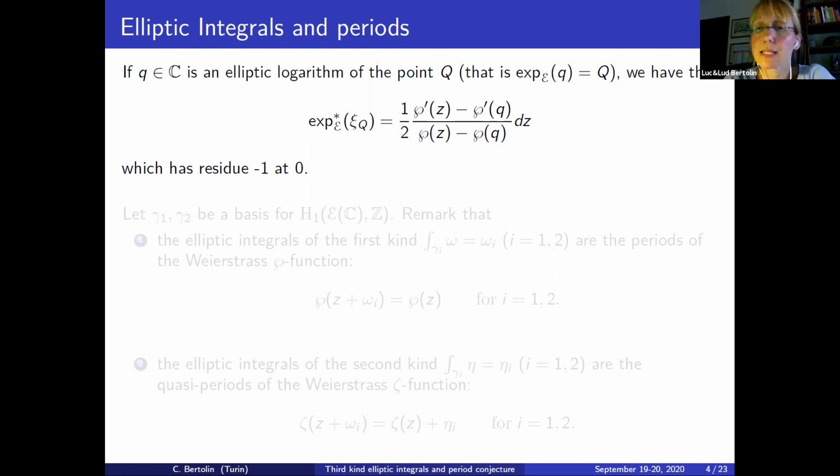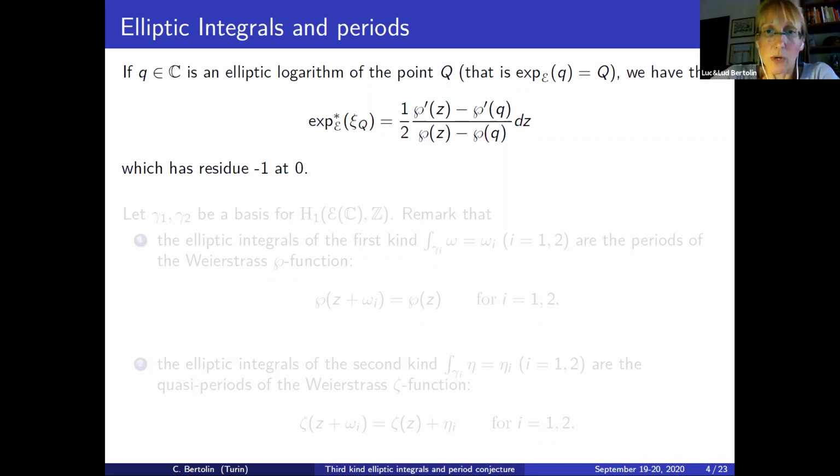It's just that the exponential of small q is q. We have that the pullback via the exponential map of this differential form of the third kind is 1/2 p prime z minus p prime q over pz minus pq dz, which has residue minus 1 at 0.